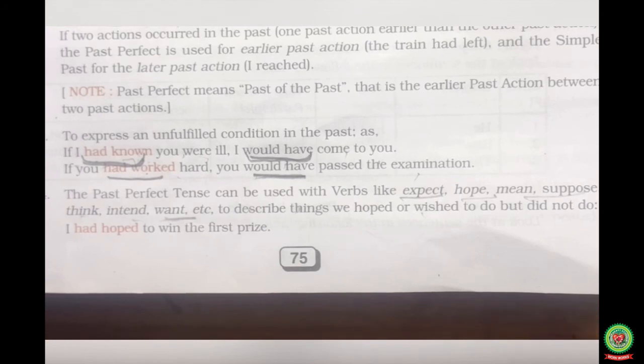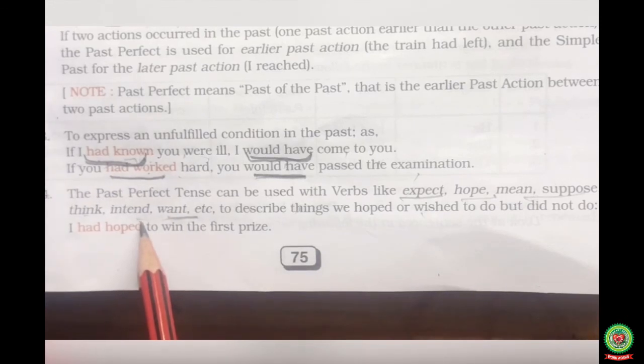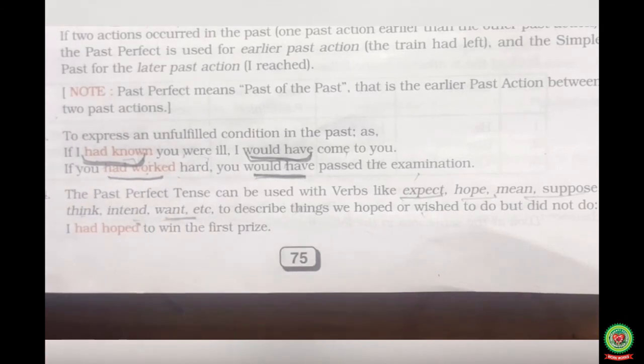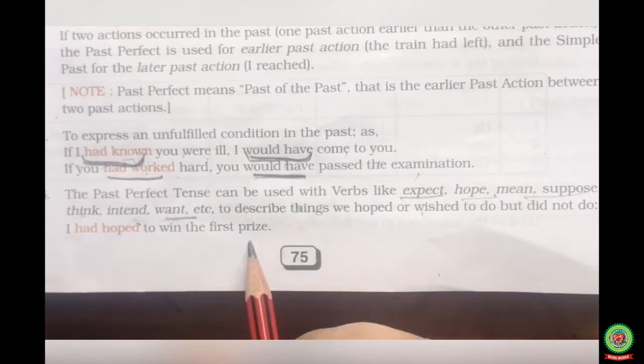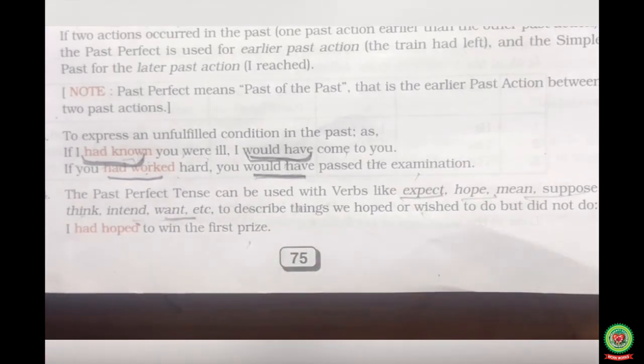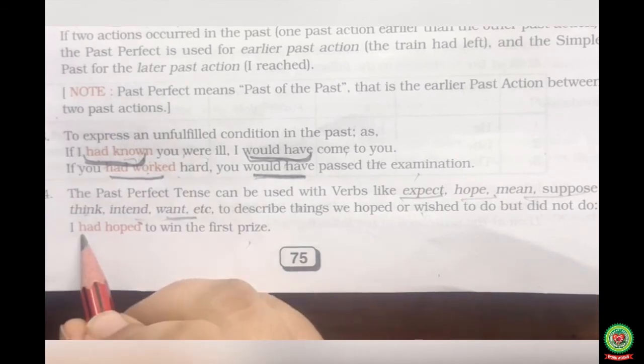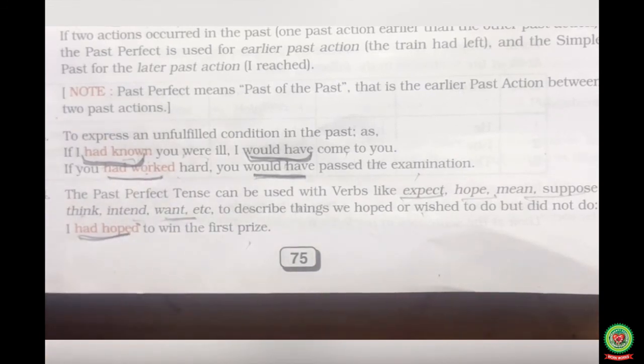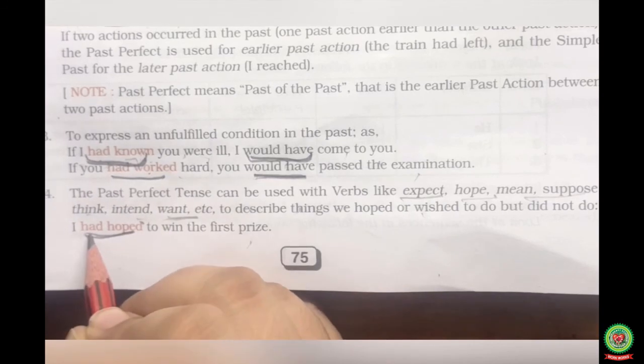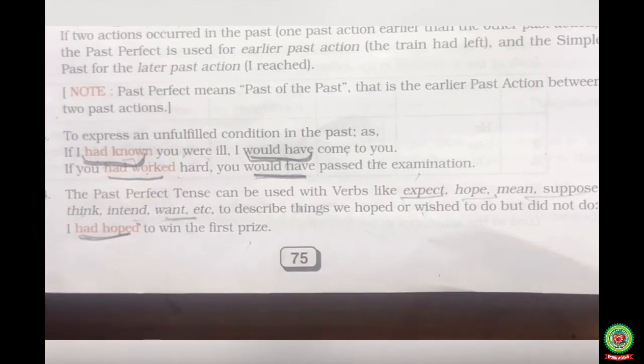Means we wished, we hoped that this thing would have been done but we were unable to complete it. With those sentences, and we are given some words here which will be your hints, with those you will be using your past perfect tense. See, I hoped to win the first prize. Means I wished, but it means that I didn't. So I hoped to win the first prize. With hoped you will be using your perfect tense.